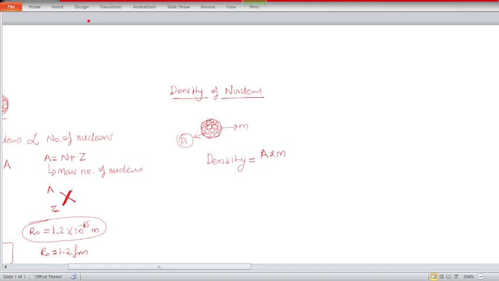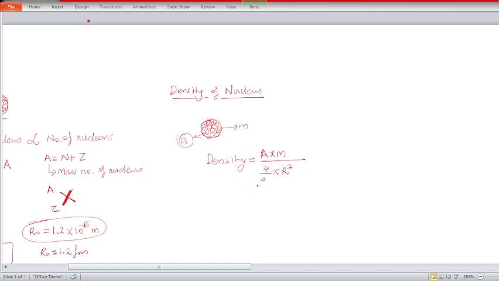Total number of nucleons into mass of individual nucleon is the total mass of the nucleus, divided by 4 by 3 pi r cube, where r is the radius of the nucleus. So this is nothing but mass per volume.